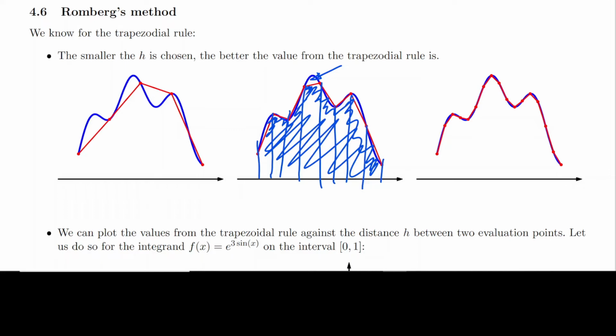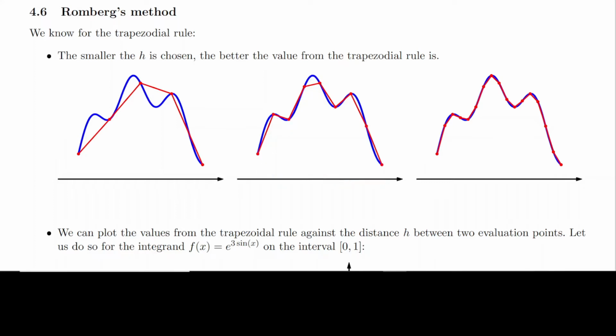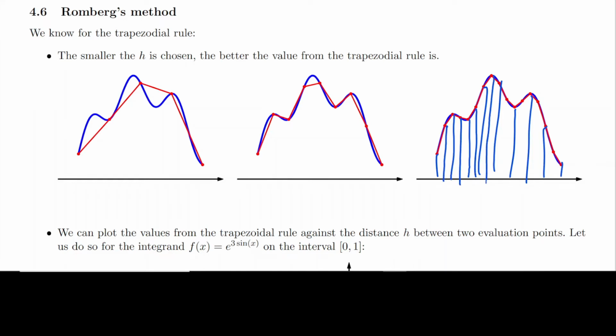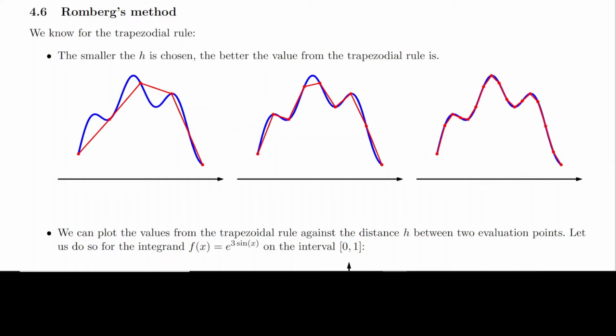Then we subdivide again, and now the difference between the red curve and the blue curve is quite small, so the integral value from the trapezoidal rule will be much better than before. But again, this integral value will not be perfect.